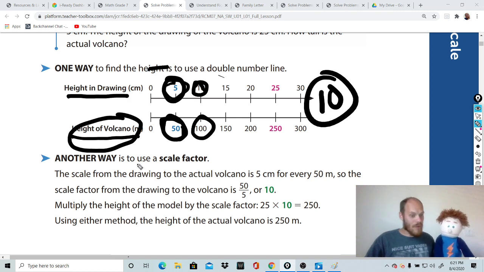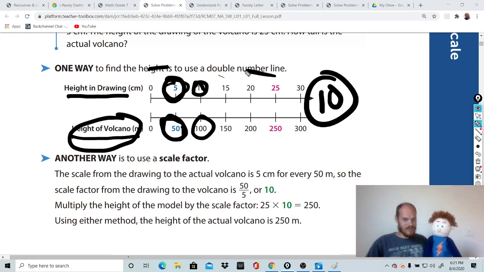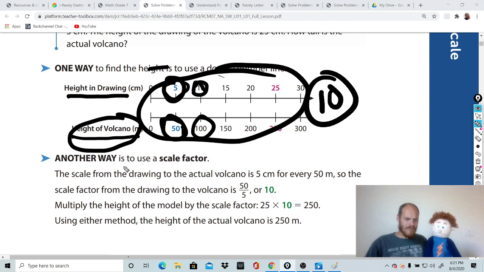Yeah. The other way that we use scale factor, because we use this comparison of a double number line, is also with just using what they call the scale factor itself. So in this case, they actually did a division of 50 divided by 5 and got 10, right? But you can take that scale and you can go different ways.